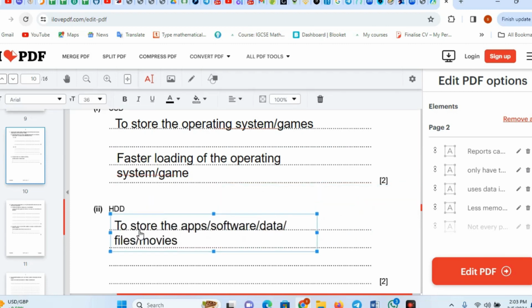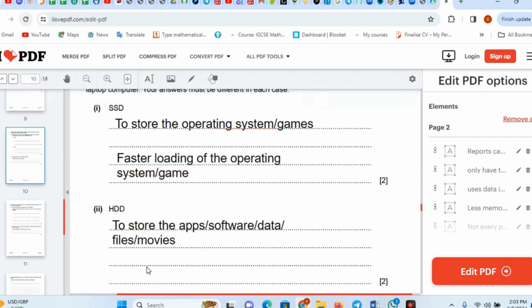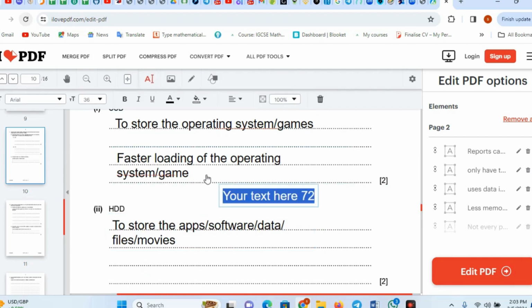Now, we are asked what our reason is for using an HDD. It can store more files. That's our reason.